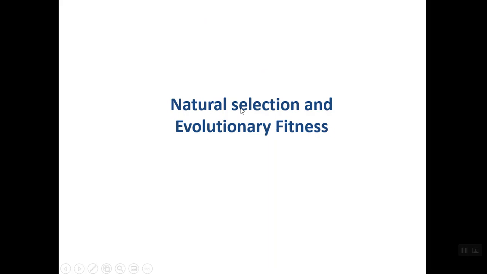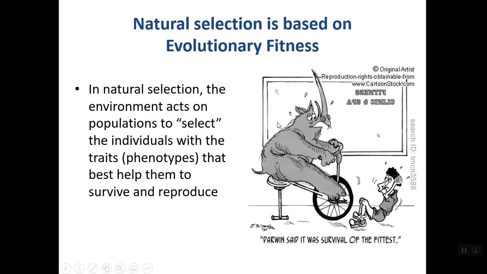The concept of natural selection and evolutionary fitness. If you remember, we stressed a lot the importance of this word fitness in evolution. Remember that in natural selection, the environment acts on a population to select individuals with traits that are best suited for that particular environment, not necessarily the best, okay?